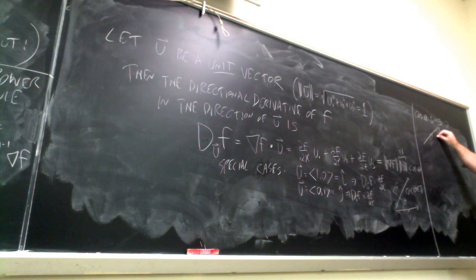So this might be u and this might be gradient of f. So in fact we can say that u has to be the gradient itself divided by its magnitude.